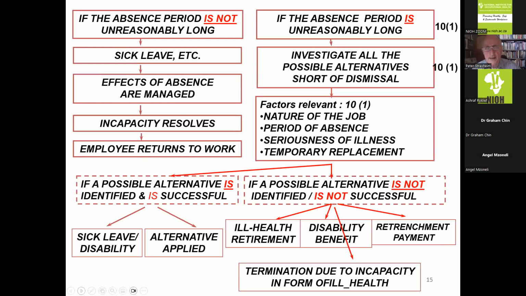Whether the absence period is or is not unreasonably long depends upon two things: the employer's attitude to it, and secondly, how long the absence is likely to last going forward. If it's not unreasonably long, you would then go down the sequence of choices on the left-hand side there, which is sick leave, managing the effects of the absence, the incapacity would resolve, and the employee returns to work.